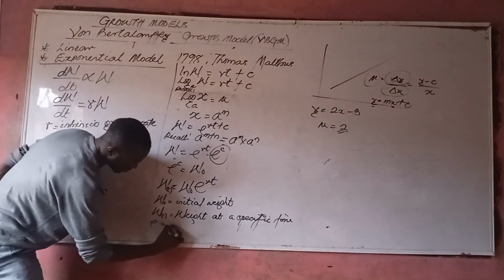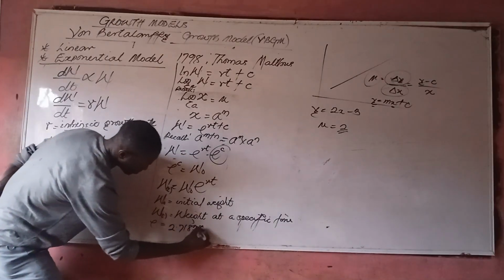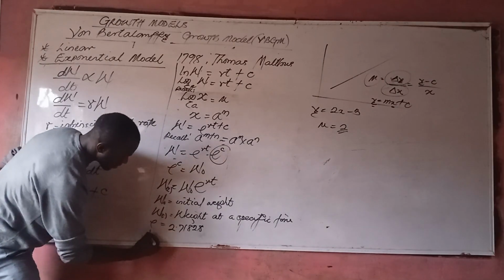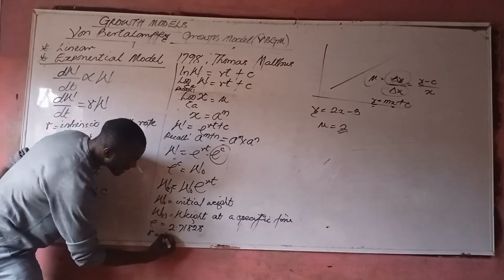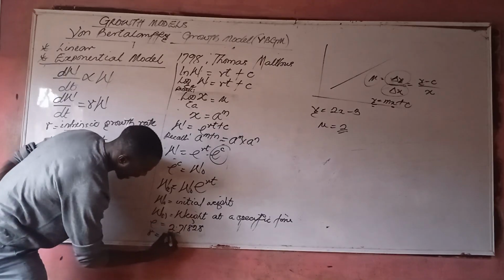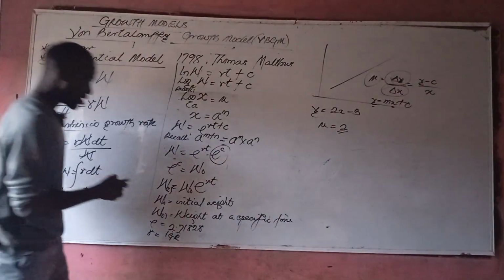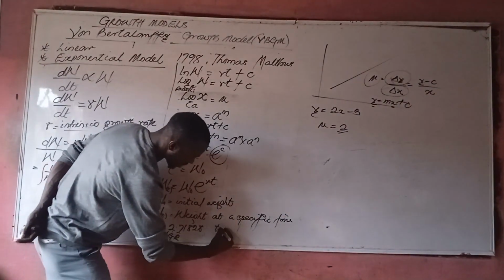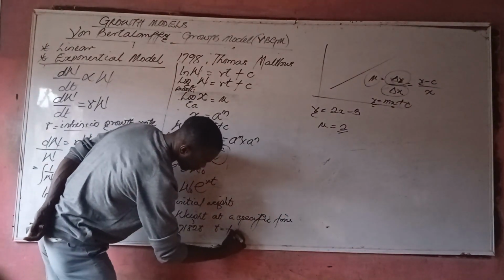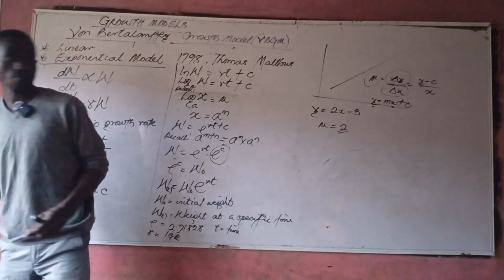Then e, of course, is Euler's number, 2.71828 or something. Then r is going to be what? The intrinsic growth rate. So I just put IGR, intrinsic growth rate. I already mentioned that here. Then t is the time at which you are calculating, the given time that you are calculating.